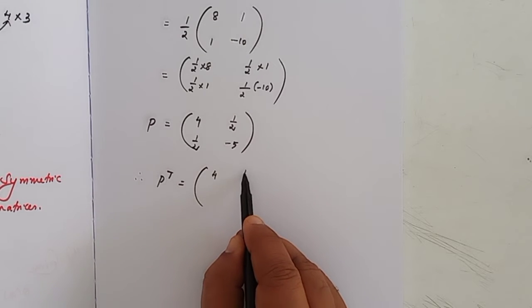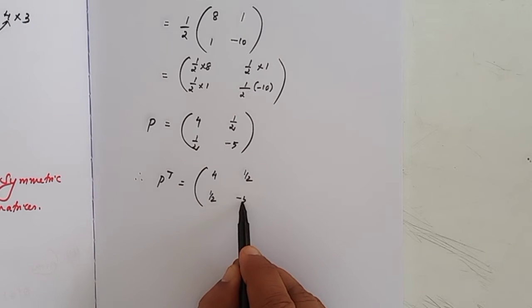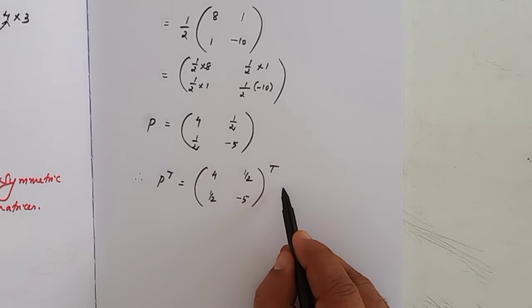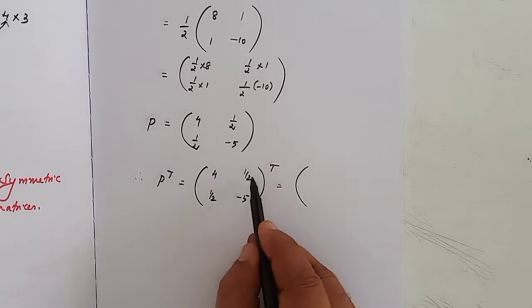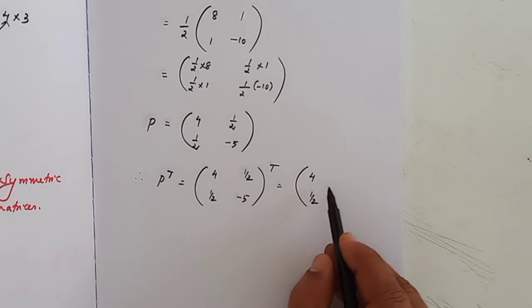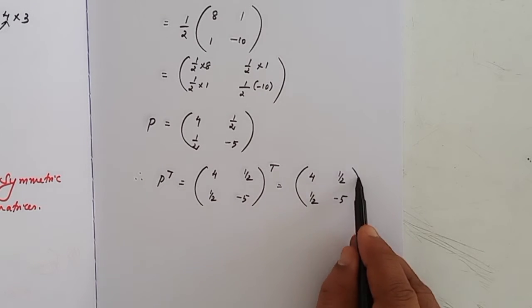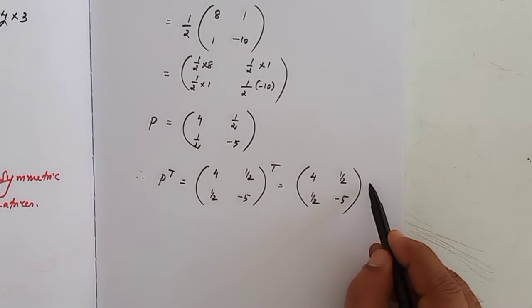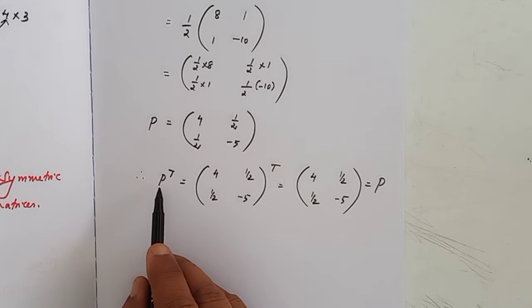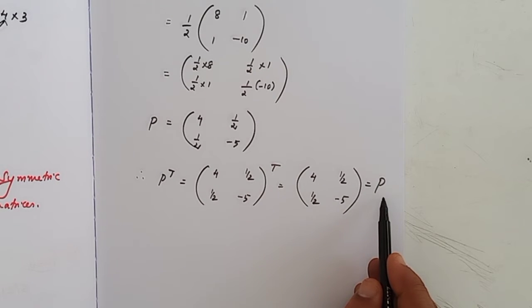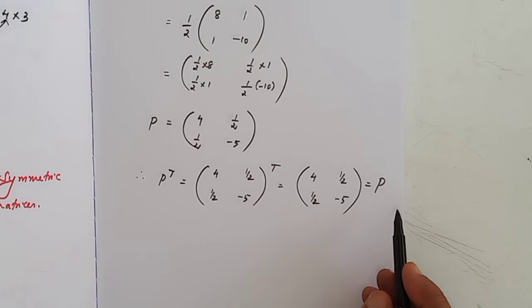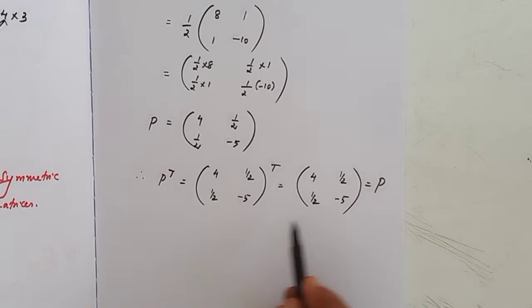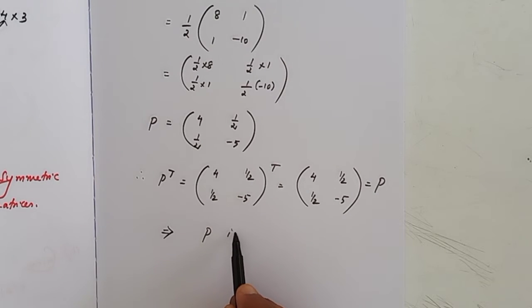P matrix is [4, 1/2; 1/2, -5], and its transpose, write the first row in first column, second row in second column, is [4, 1/2; 1/2, -5], that is equal to P. I have proved P transpose equal to P. We know that if A transpose is equal to A, it is a symmetric matrix. Since P transpose equals P, P is a symmetric matrix.